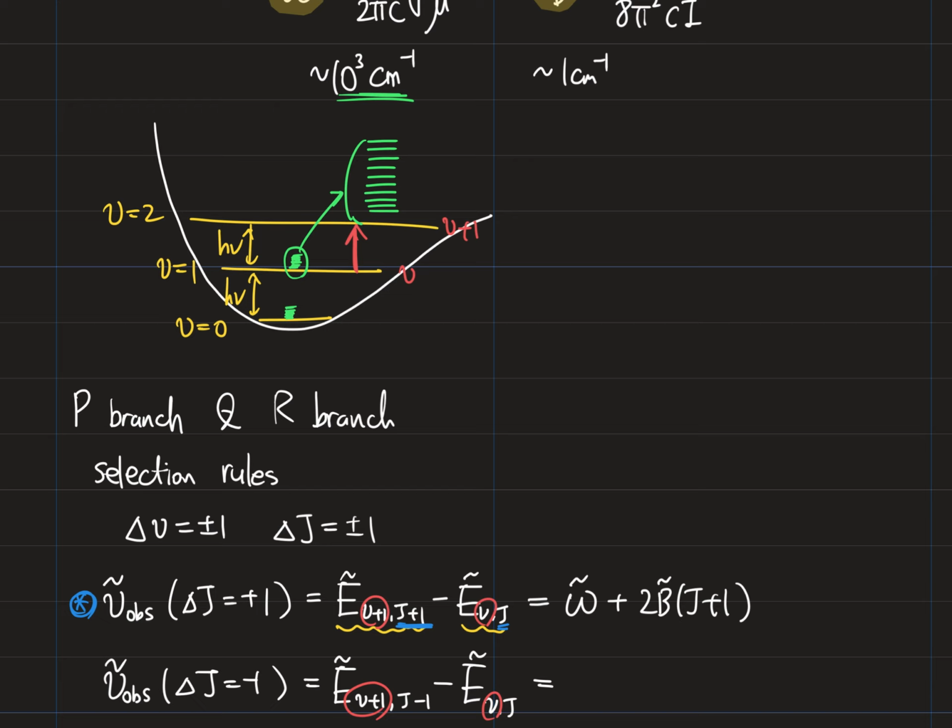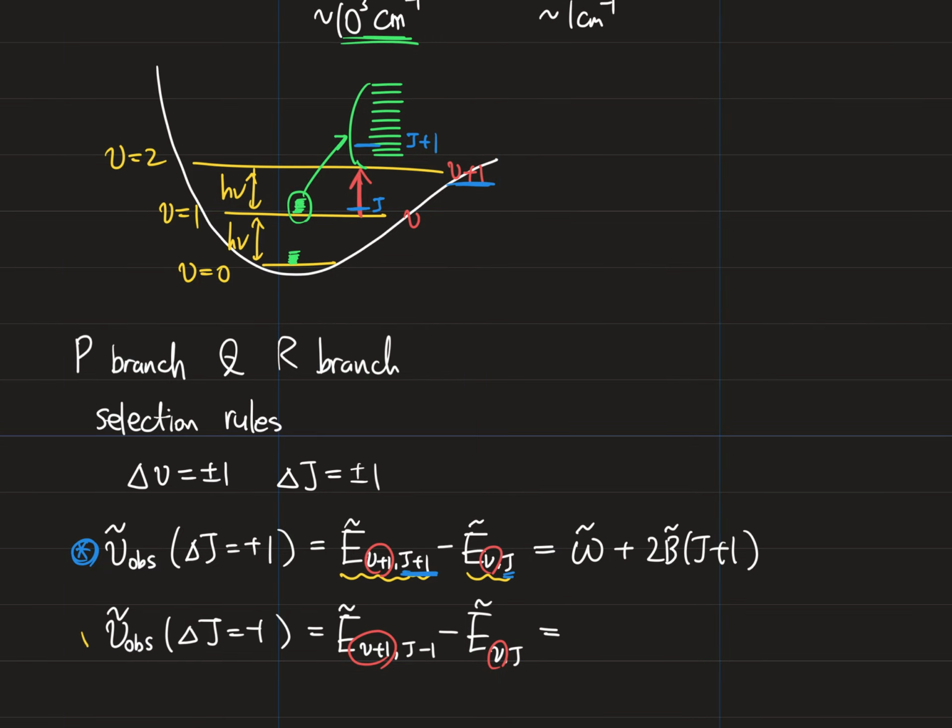That means you are starting in the J level here, and you are going to excite this molecule into J plus 1 on the v plus 1 harmonic oscillator surface. Then what about the second set of transitions?